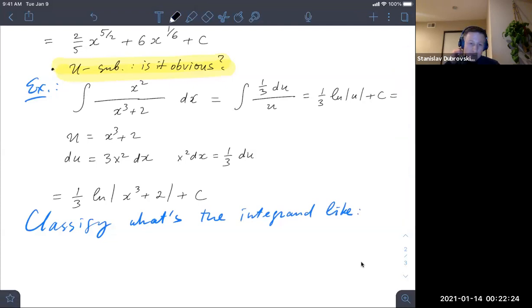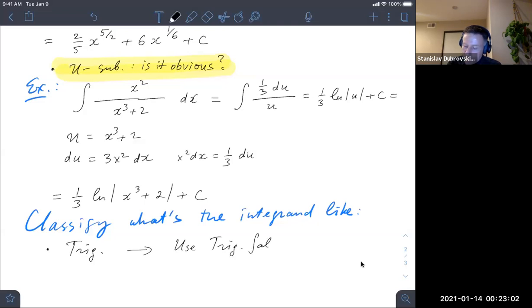Well, we spent quite a lot of time looking at products. So does it look like a product? What kind of a product? Or does it look like a ratio? Are we dealing with a rational function? Is it a ratio of polynomials? We can just as well start with a trig function. So does it look like a trig function? If so, then we'll use the techniques from trigonometric integrals.